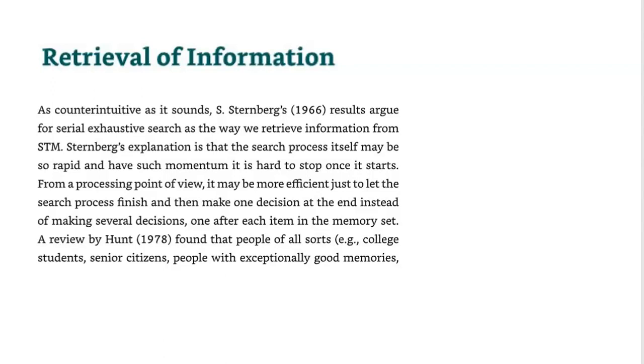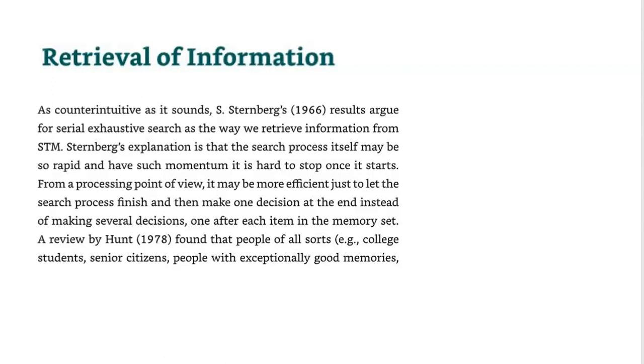Saul Sternberg, and by the way, they're contrasting him with Robert Sternberg at Cornell, that's the intelligence expert. Saul Sternberg's results argue for serial exhaustive searches as the way we retrieve information from short-term memory. His explanation is that the search process itself may be so rapid and have such momentum that it's hard to stop.